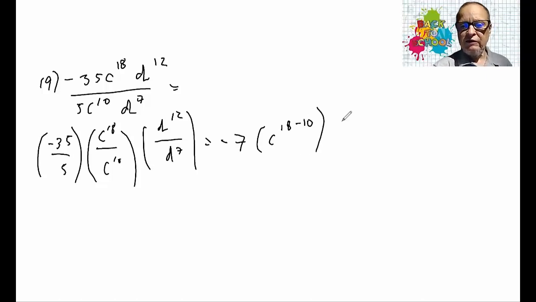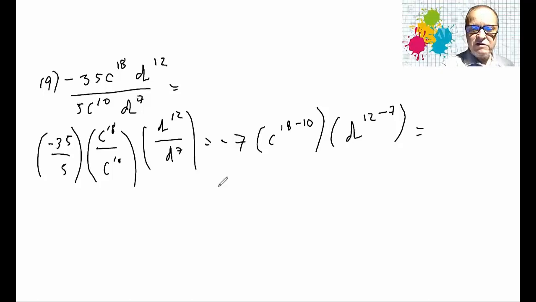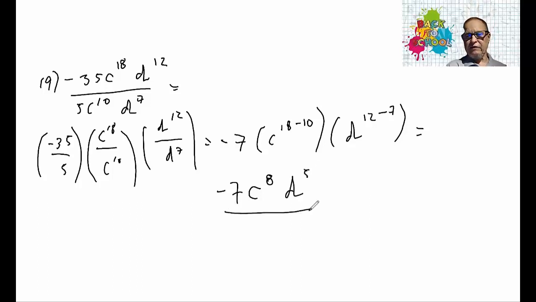And then we get d, 12 minus 7. And then we continue to get negative 7. 18 minus 10 gives us c to the 8th. And then 12 minus 7 will give us d to the 5th. And that's our final answer.